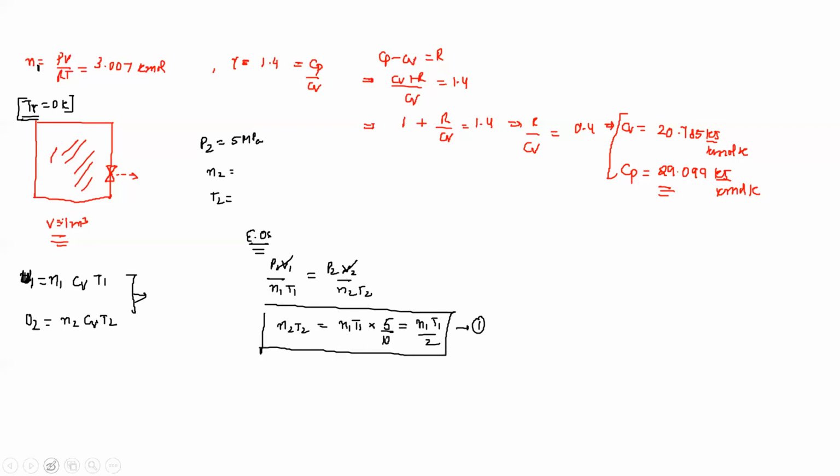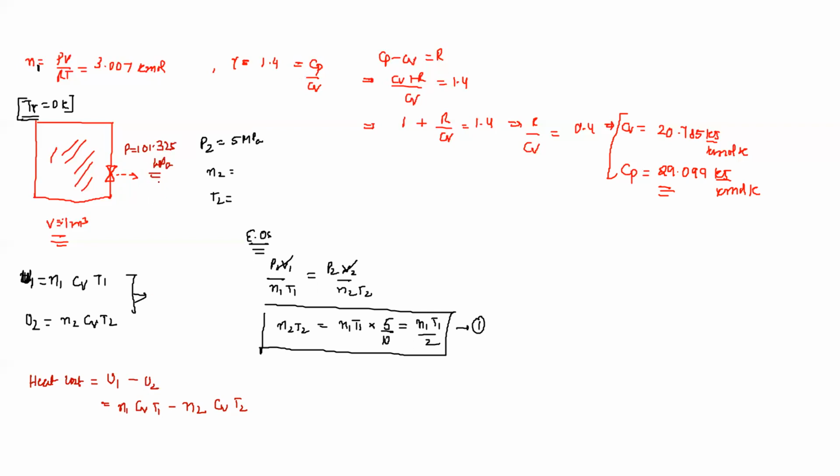All right. Then we also have internal energies in the initial and final state of the tank, right? So the heat lost from the tank is equal to the initial internal energy minus the final internal energy, that is N1 Cv T1 minus N2 Cv T2. Then that is equal to the heat that is lost to the atmosphere. Now the atmosphere is maintained at a constant pressure of 101.325 kilopascal, that is 1 atm, right?